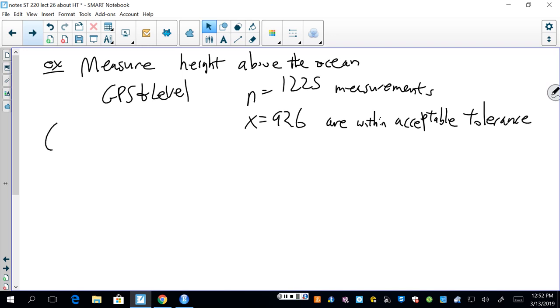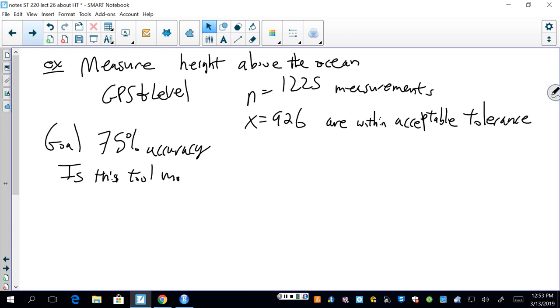And the goal for the measurement instrument is 75% accuracy. Does this tool achieve it? Is it better than 75% accuracy? Is this measurement tool more than 75% accurate?